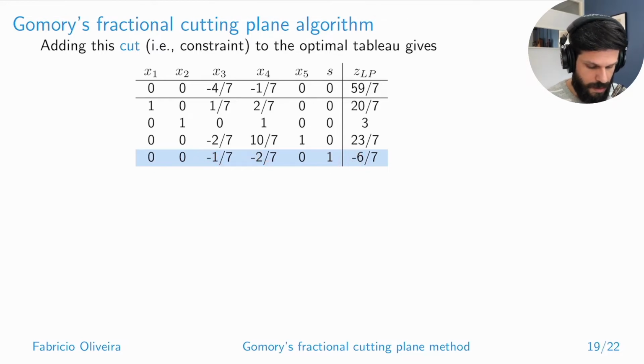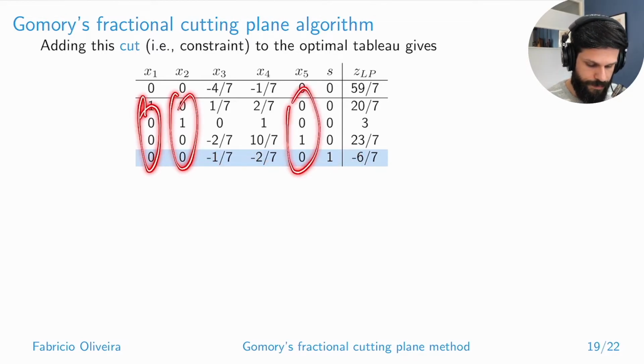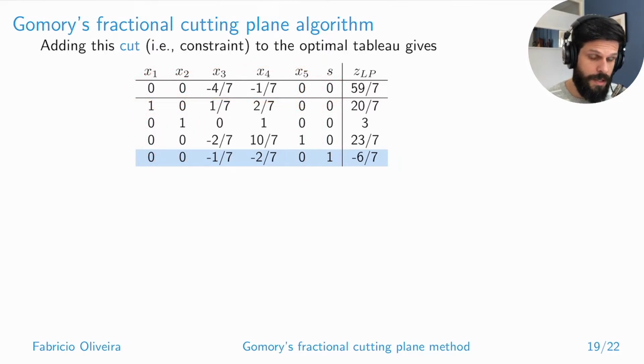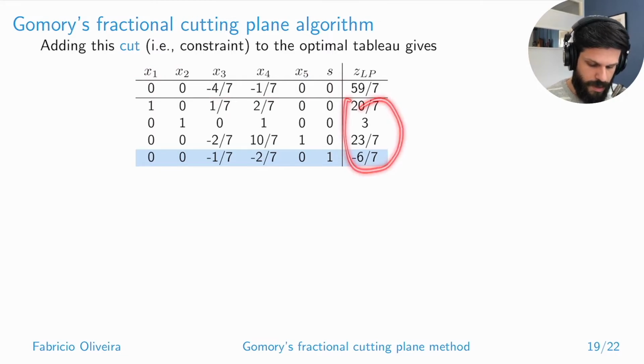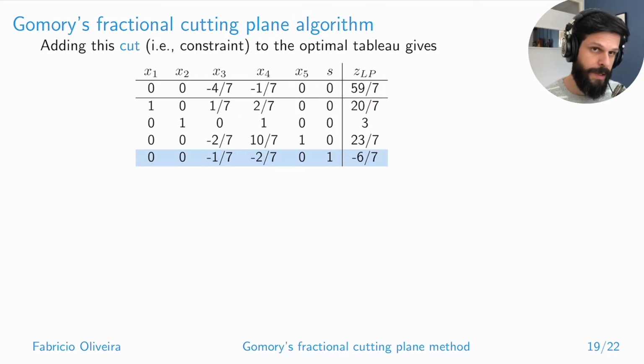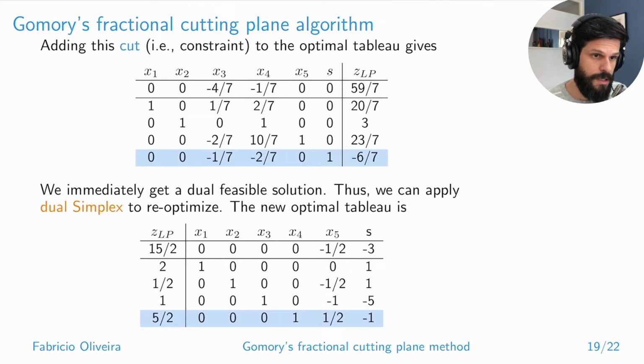And then you can see that you have a solution that is dual feasible, but it is not primal feasible. And you know how to solve that. Well, you apply a few iterations of dual simplex, typically not many, and you can carry on solving, getting to a new solution.